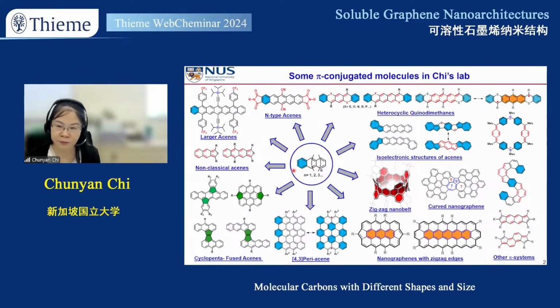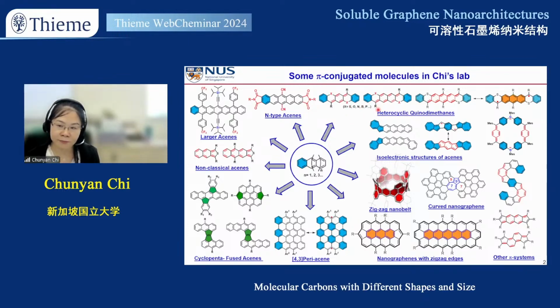Another approach is to introduce heteroatoms on the para position of the middle phenyl ring, and to make these structures, the central part is actually a quinoidal unit. Just now it was mentioned to introduce heteroatoms on the acene framework, and he made a lot of beautiful molecules, a lot of other acenes.